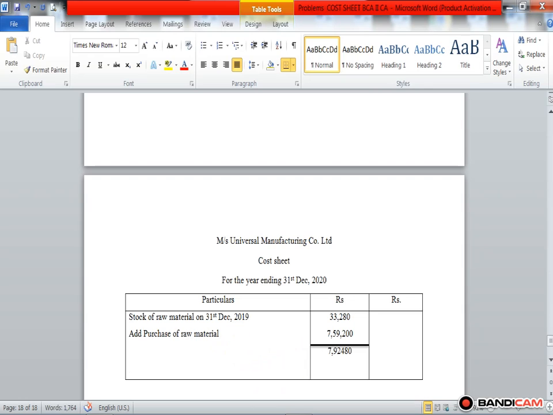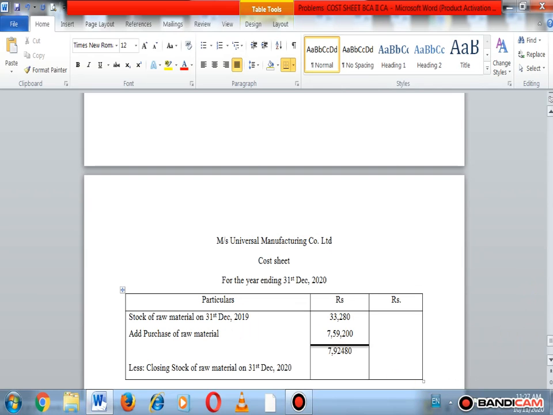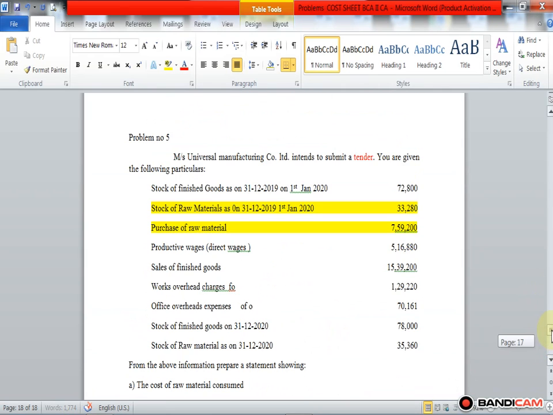Now we deduct the closing stock of raw material on 31st December 2020. Closing stock of raw material is given here.